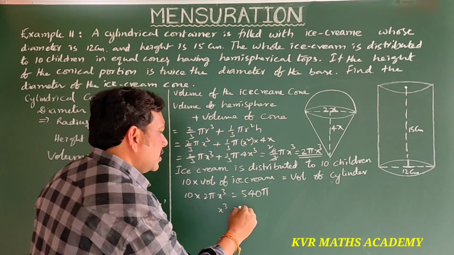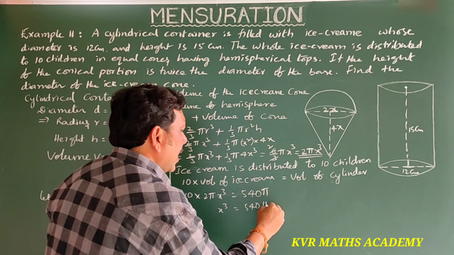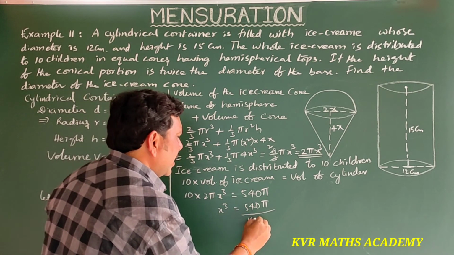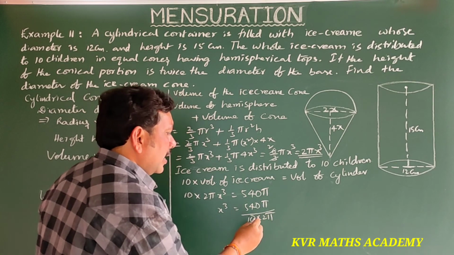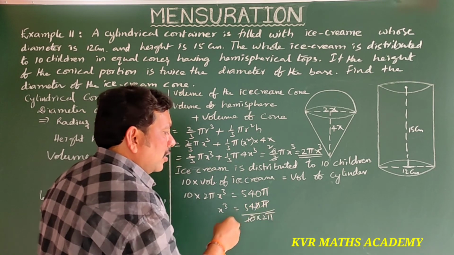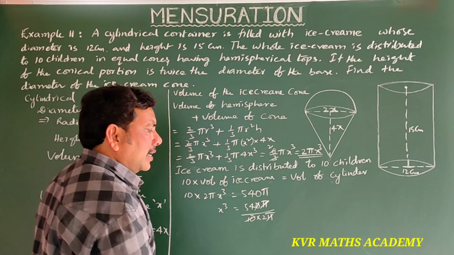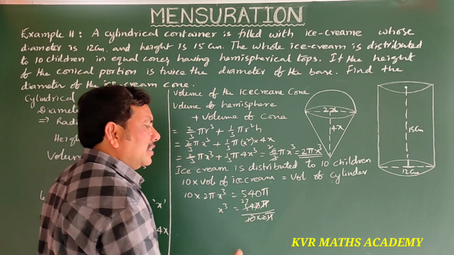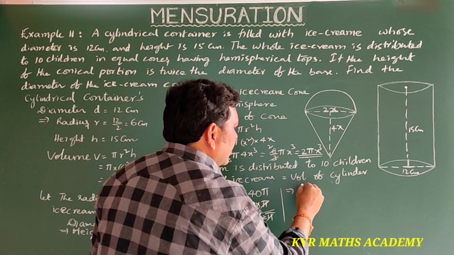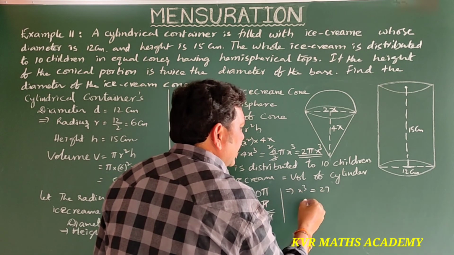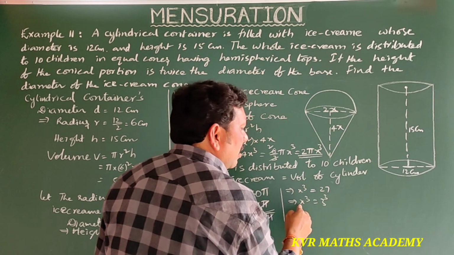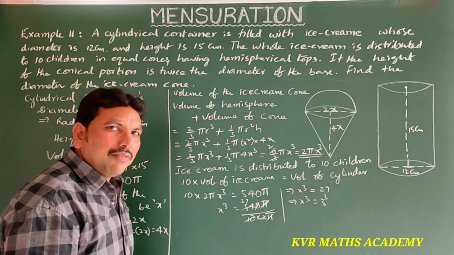So x cube is equal to 540 pi by 10 into 2 pi. The 10 zeros get cancelled, pi gets cancelled. Next, 2 in 54, 27 times. So x cube is equal to 27, which can be written as 3 cube.